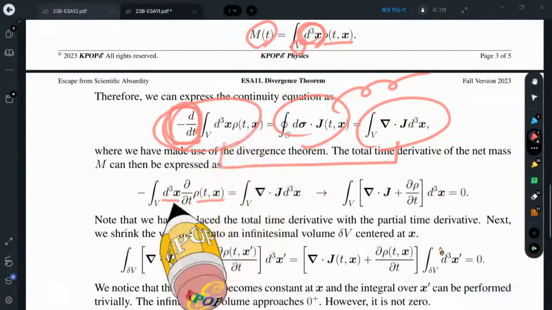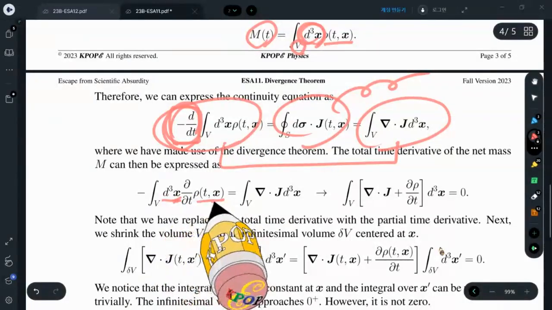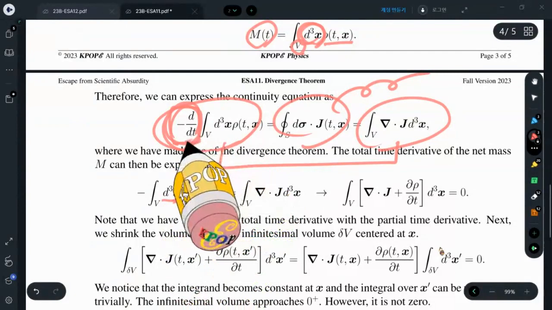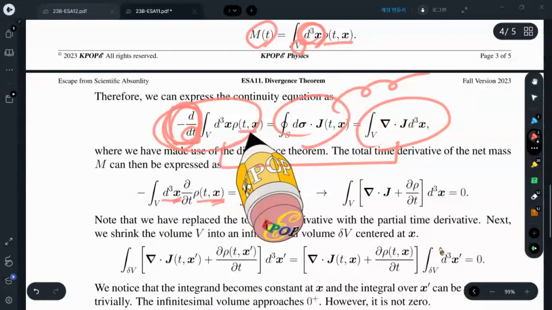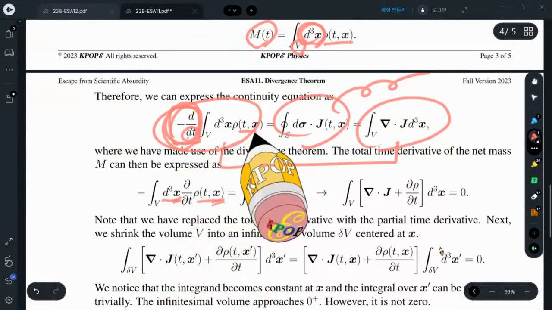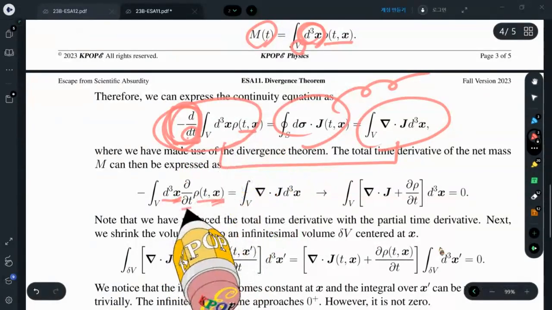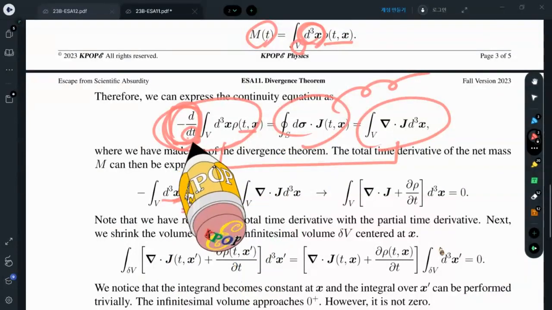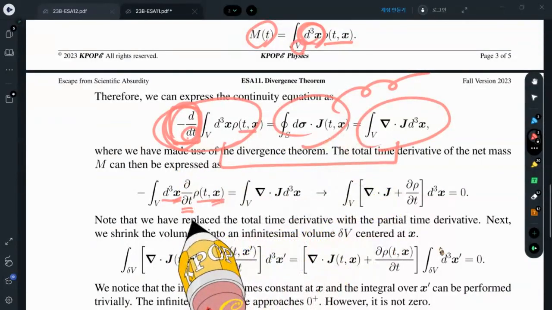That means before we carry out the integration over x, we fix x the same. However, we vary time in this rho. So now we can express this one as the partial time derivative instead of the total time derivative.